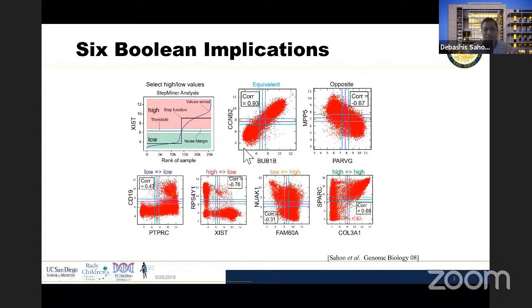So in the context of positively correlated and negatively correlated genes, you would see two quadrants sparse, which are the top left here and bottom right here. For the opposite, you have the top right and the bottom left quadrants sparse.